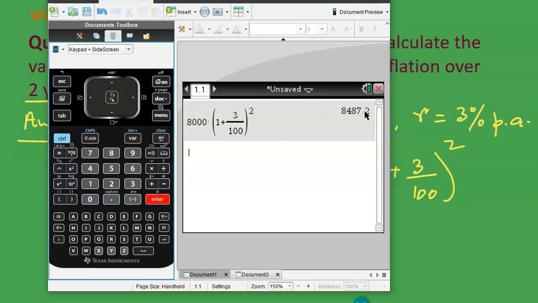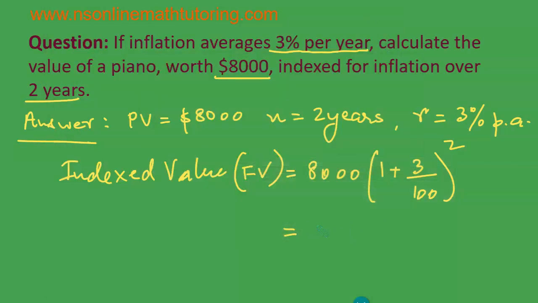This is 8487.2. $8,487.2 will be the indexed value or the future predicted value of the piano after 2 years, assuming that the inflation rate per year will remain the same. Okay, so this is our answer.